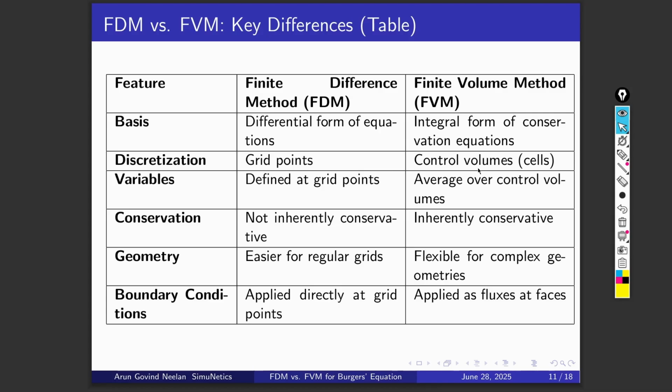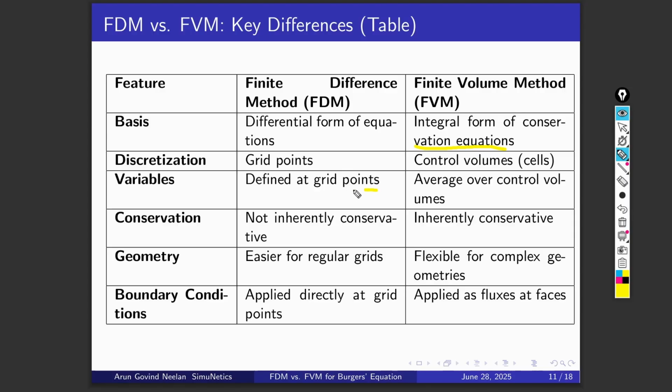Now we shall see the difference between finite difference method and finite volume method. The finite difference method uses the differential form of the governing equation, but finite volume method uses the integral form of the governing equation. Here we use grid points, but in finite volume methods we use control volumes or cells.